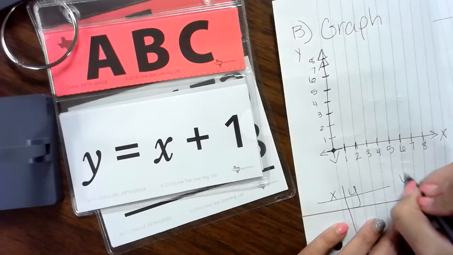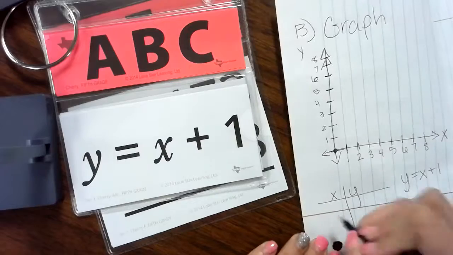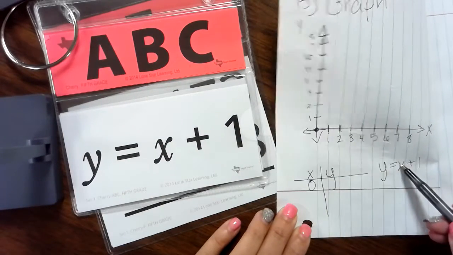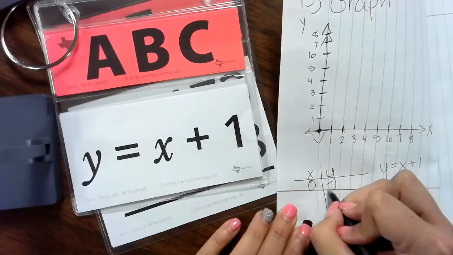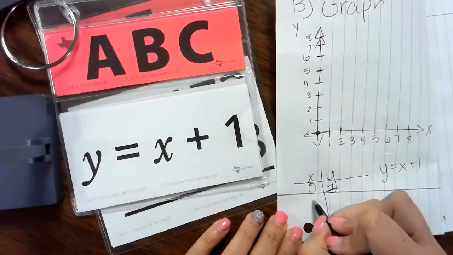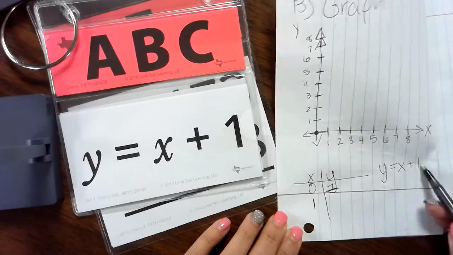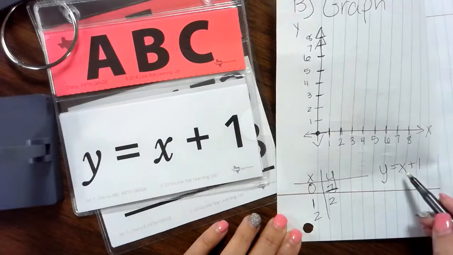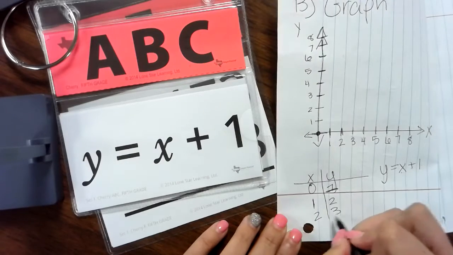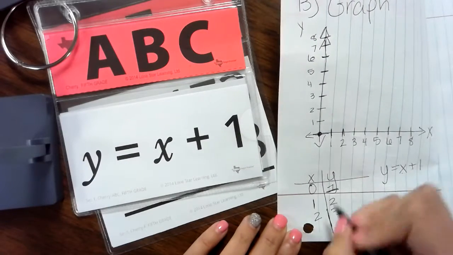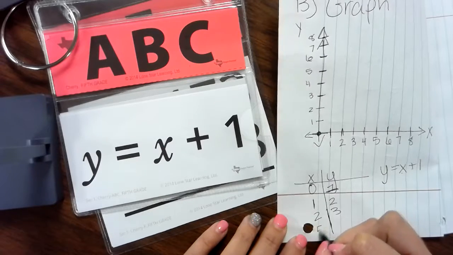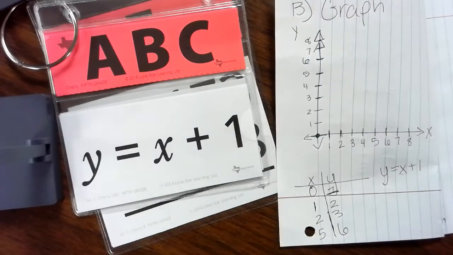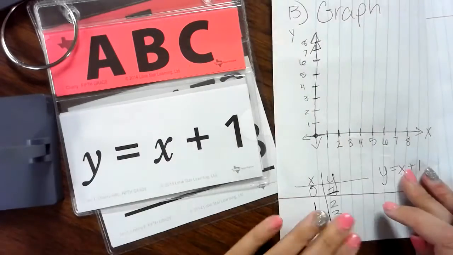My formula was y equals x plus 1. So when x was 0, y, 0 plus 1 is 1. When x is 1, 1 plus 1 is 2. Y is 2. When x is 2, 2 plus 1 is 3. When x is, let's just say 5, 5 plus 1 is 6. Okay? So just picking my numbers, and then I'm going to graph it.